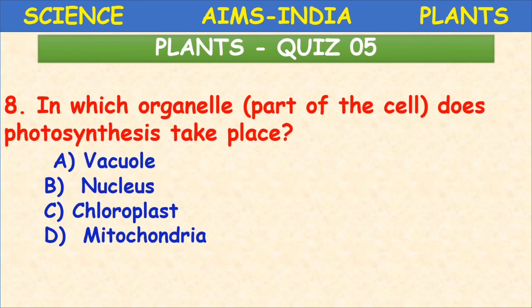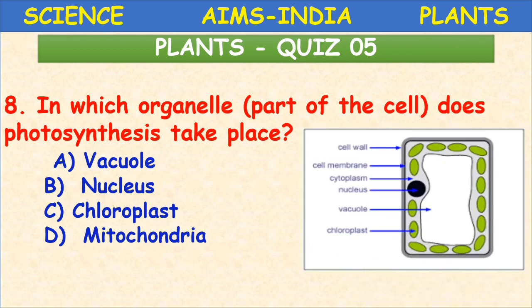In which organelle, that is a part of the cell, does photosynthesis take place? So where does photosynthesis take place? A option vacuole, B nucleus, C option chloroplast, D option mitochondria. This we have learnt in our first two sessions.